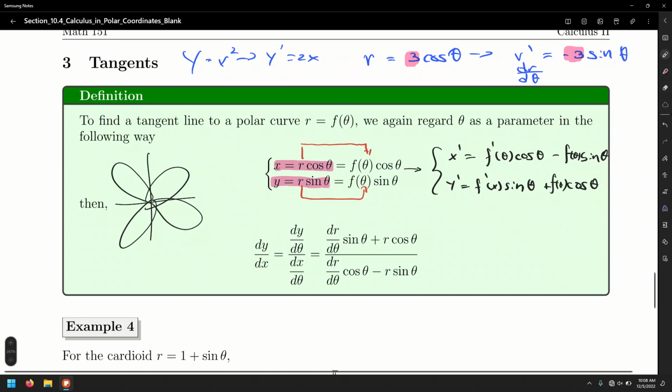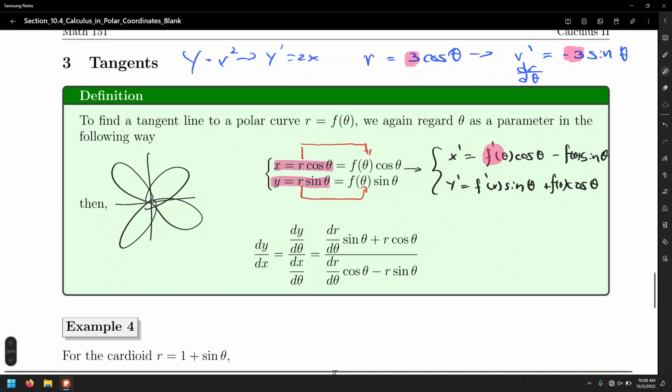All right? And the derivative in this case will be the exact same idea as finding the derivative of a function in parametric form. That is, the derivative of the y equation divided by the derivative of the x equation. Notice we differentiated with respect to the angle, theta.